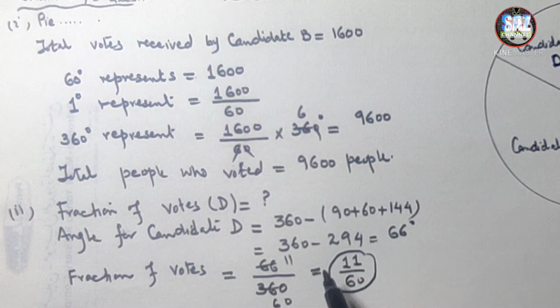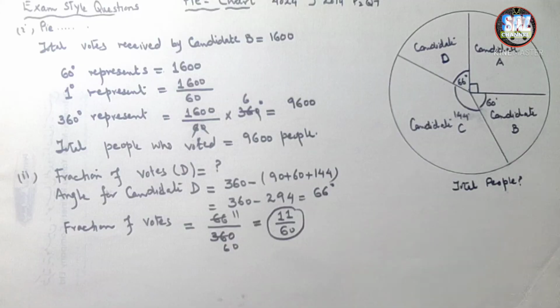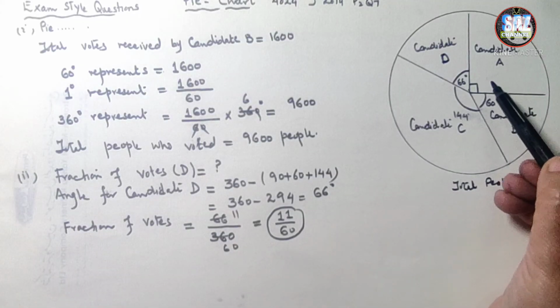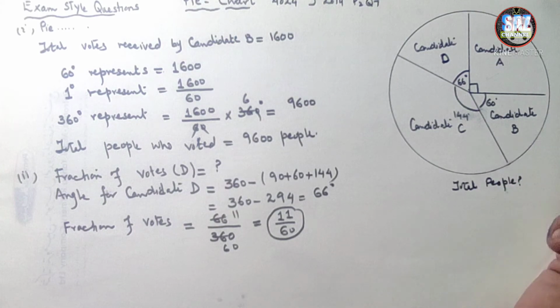And the third part says how many more votes than candidate A did candidate C receive.